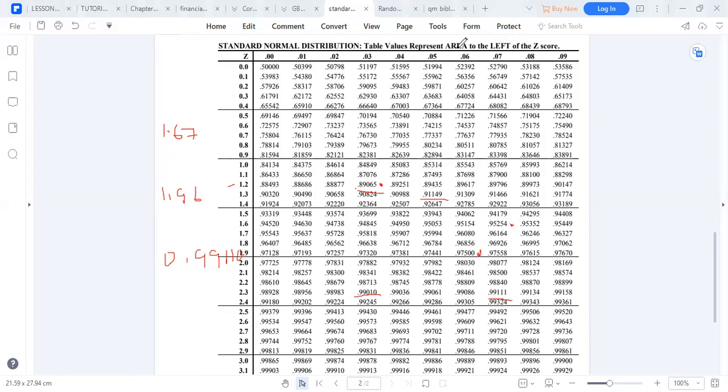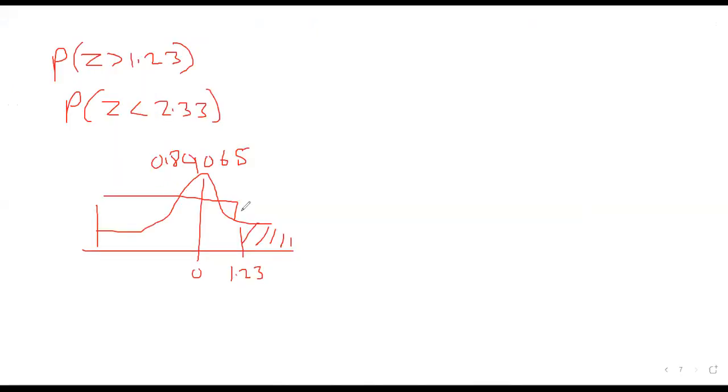For instance, the reading for 1.23 is 89%, or 0.89065. What that means is that the area from here to here is about 89%. Those percentages there are actually areas under the graph.